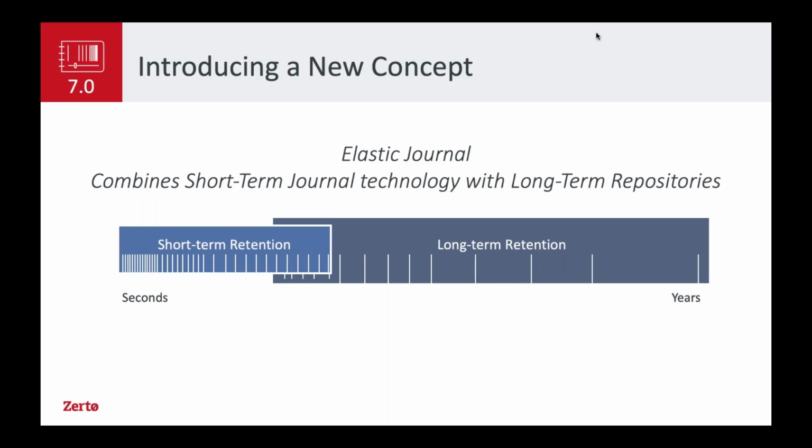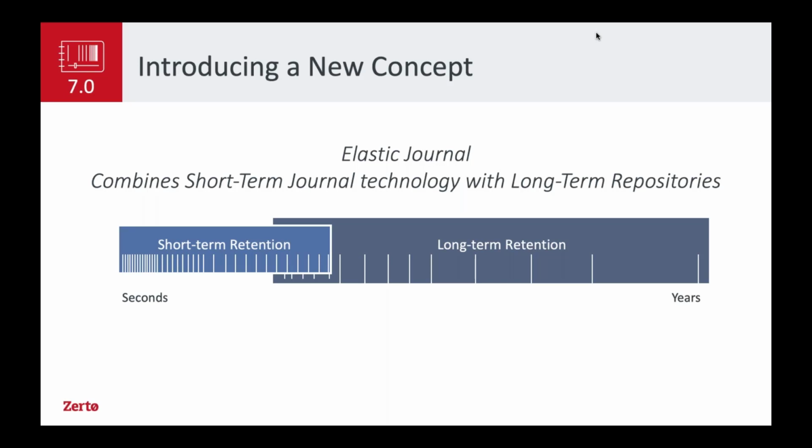What we've done is bring together long-term retention with that short-term retention that was the journal, adding new checkpoints into the journal that allow you to have points in time back 7 seconds, 7 days, 7 months, 7 years, 70 years back in time.